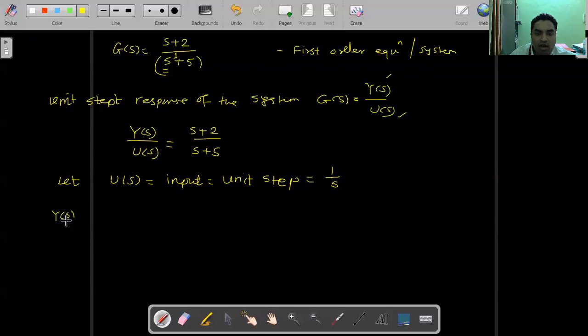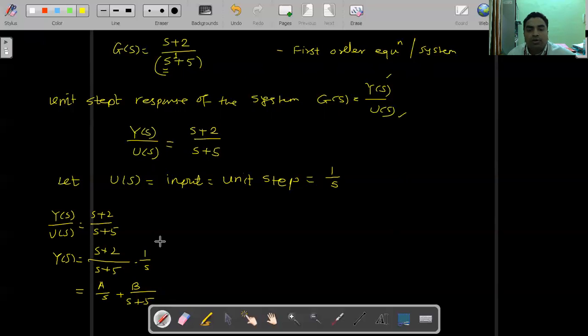So Y of s is equal to (s plus 2) divided by (s plus 5) into 1 upon s. Now we need to solve this. I can write A upon s plus B upon (s plus 5).